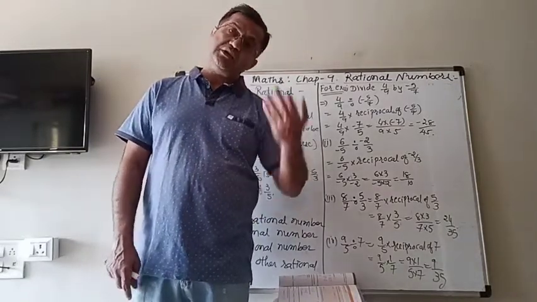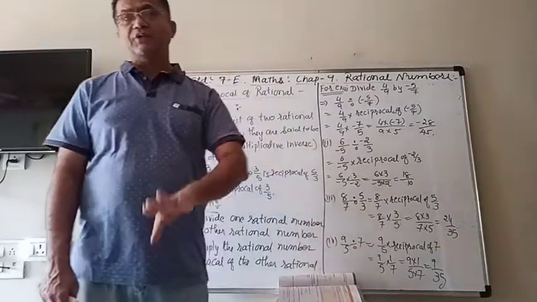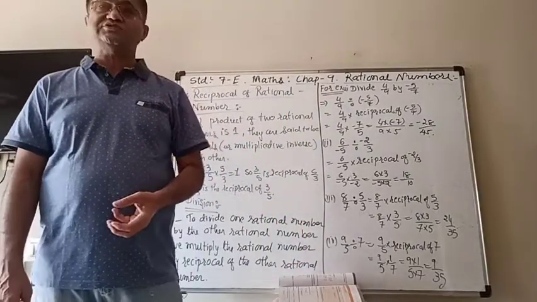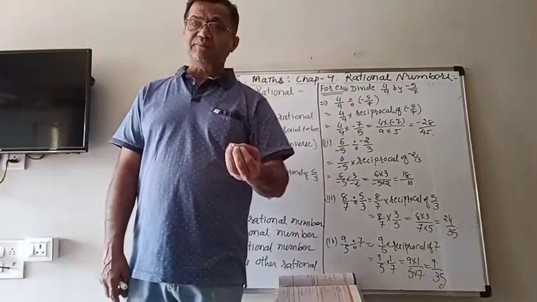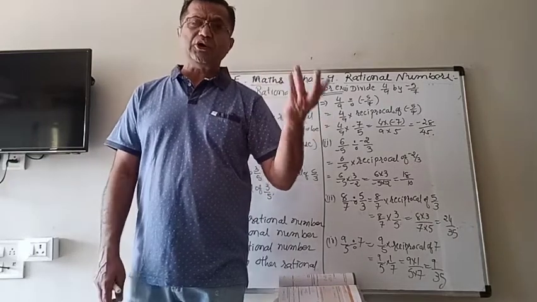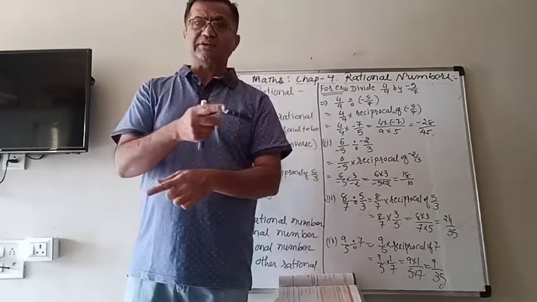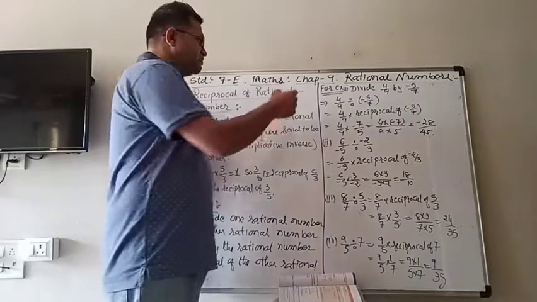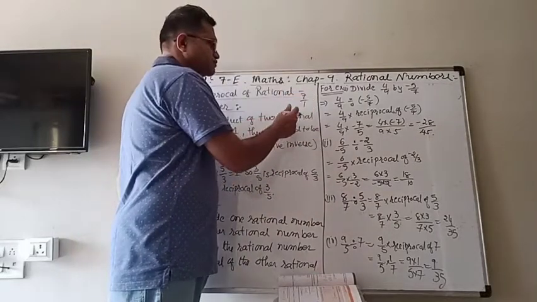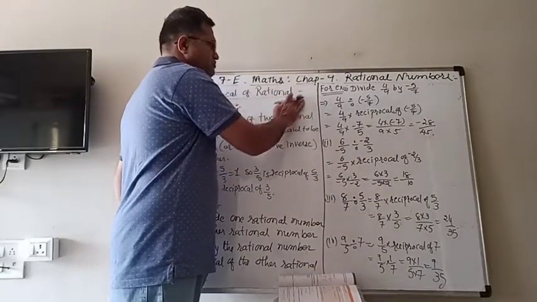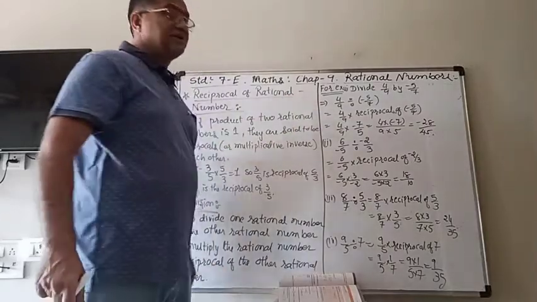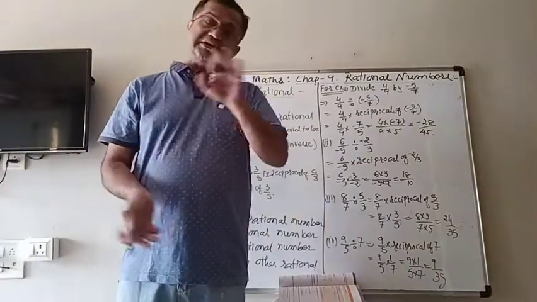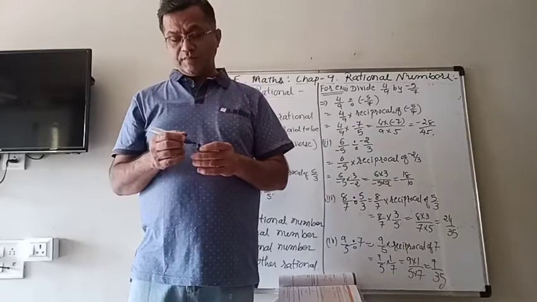If it is a negative, with a negative sign. If positive, then it is a positive sign. If it is an integer, then also same thing. Reciprocal of 7 is 1 upon 7 because 7 has invisible 1 in the denominator. So reciprocal of 7 is 1 upon 7 and reciprocal of 1 upon 8 is 8 and so on.